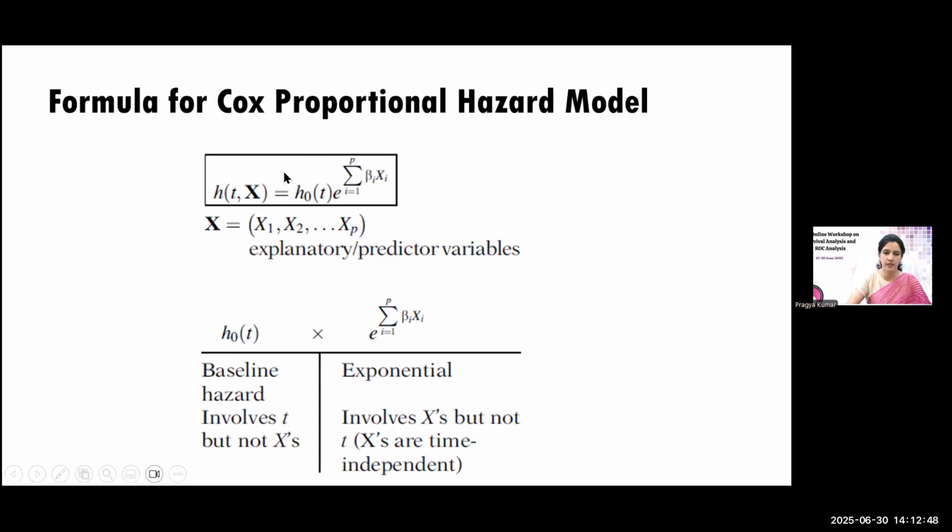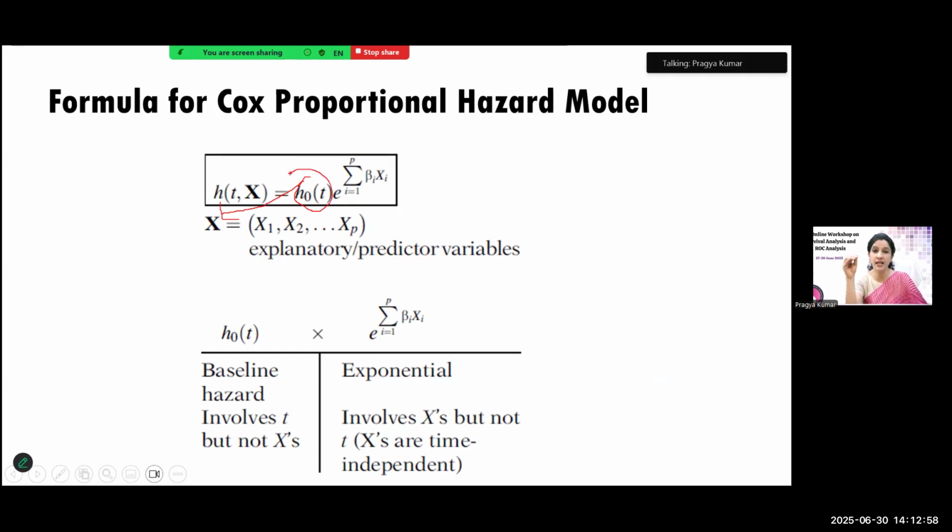If you move h(t) into the denominator, then h(t) by h0 becomes a constant. Because there is no variable of time in that exponent, it remains constant.